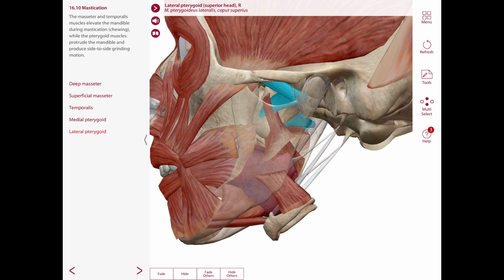The nerve supply is the lateral pterygoid nerve. And the main actions are protrusion of the mandible for opening of the mouth and lateral excursion of the mandible to the opposite side of the contracting muscle.